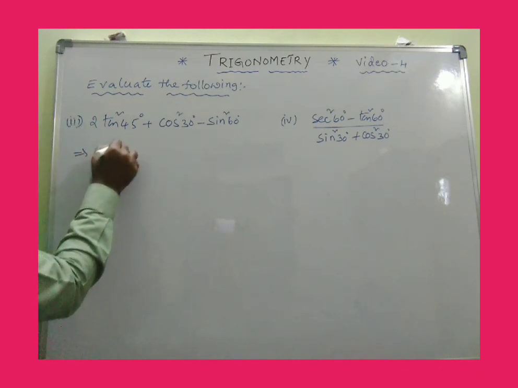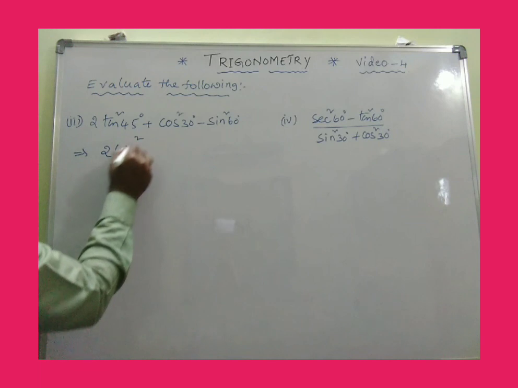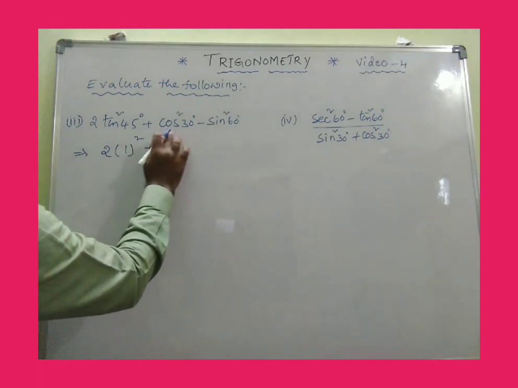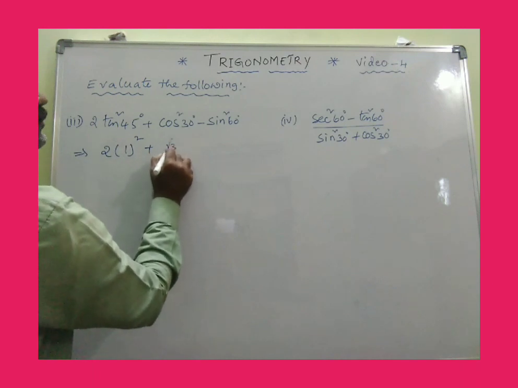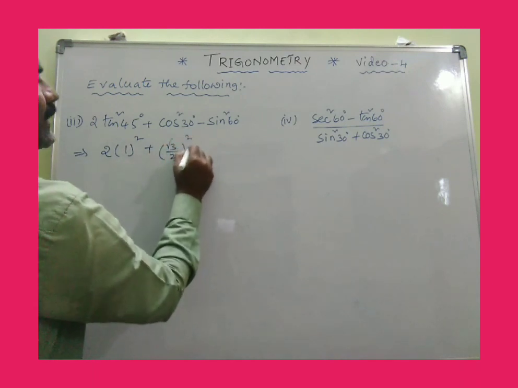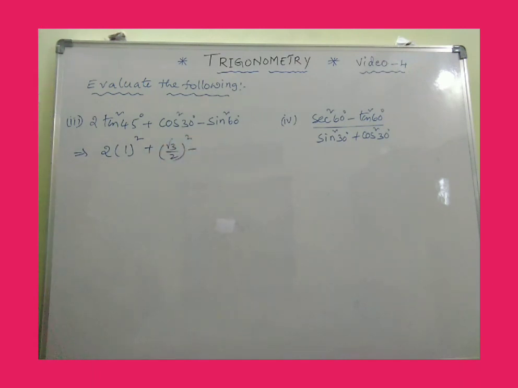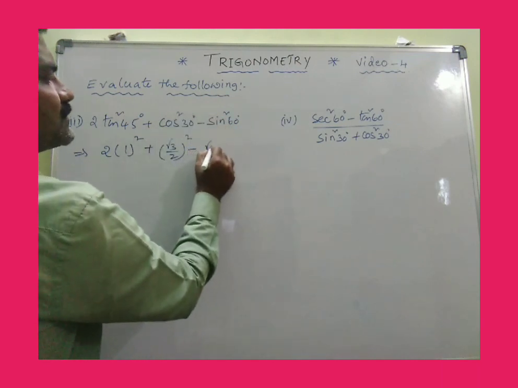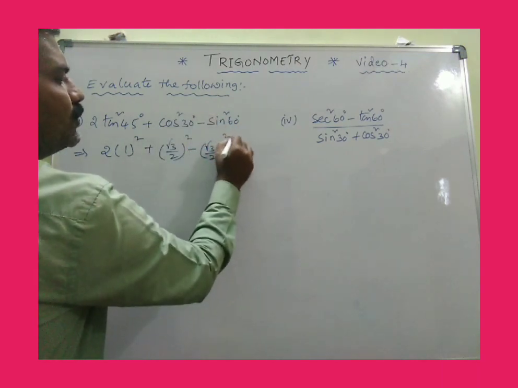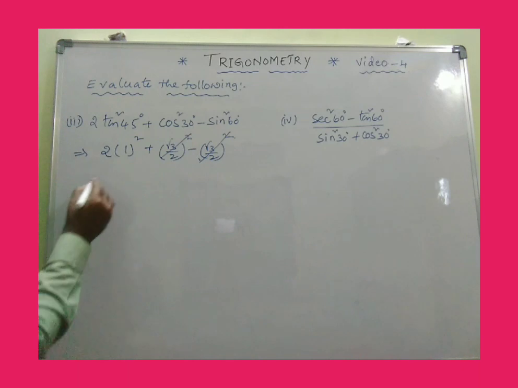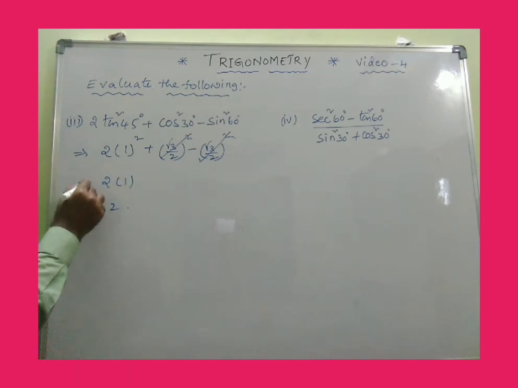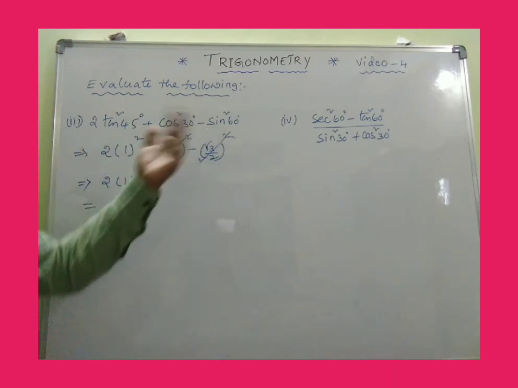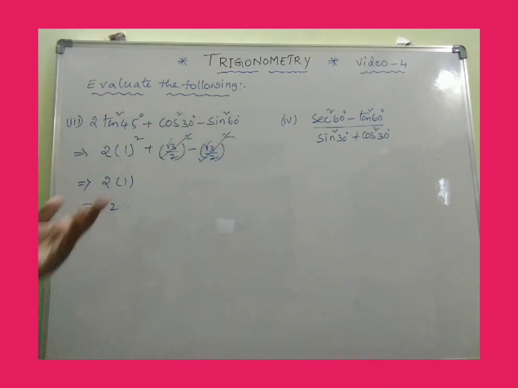So 2 into tan 45 value 1 square, and cos 30 value, do you remember it? It is root 3 by 2 whole square, minus sin 60, which is also root 3 by 2 whole square. So plus and minus these two get cancelled. Hence the answer is 2.